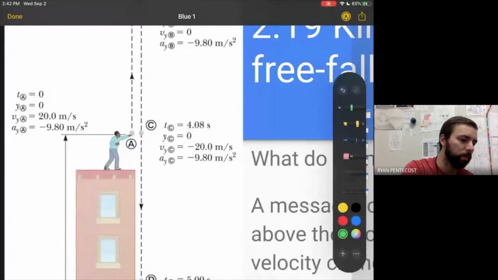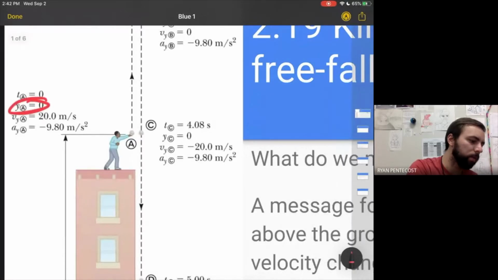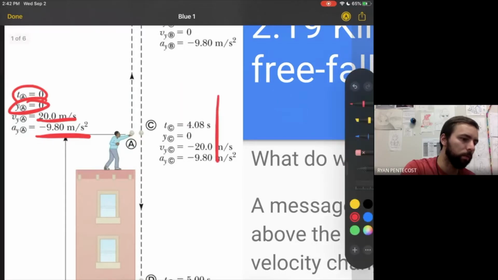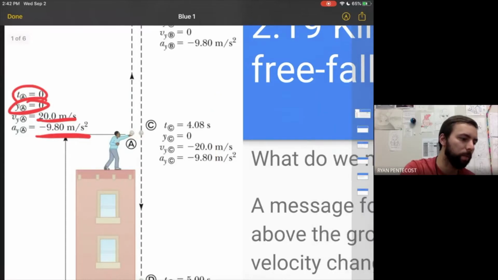So initially we have, okay, y is 0, t is 0. We start off at 20 meters per second, and the acceleration is negative 9.80 meters per second squared. Now, if he throws it up, there we go.